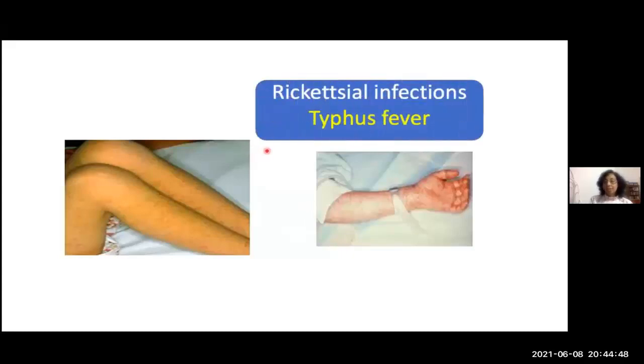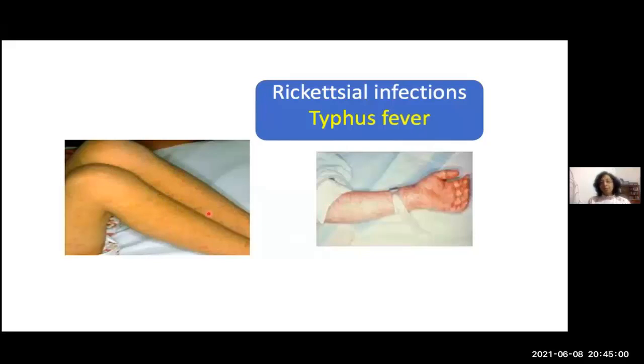If I say this child's family comes from the Dugannava area, it's a rickettsial infection. It's a typhus fever. Right? So characteristically, the rash affects the palms and soles, and sometimes it may not be very erythematous.